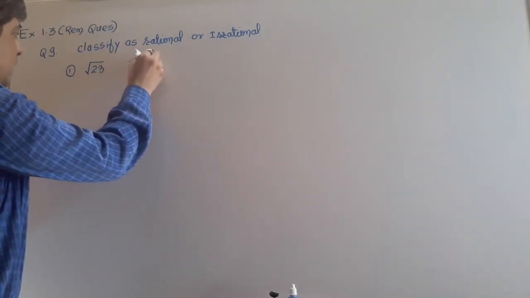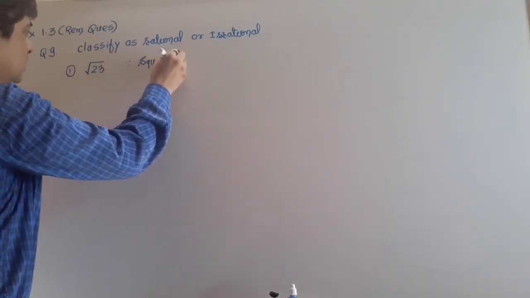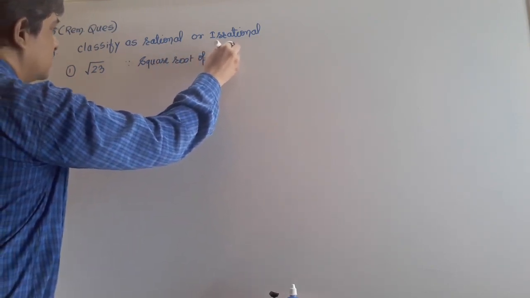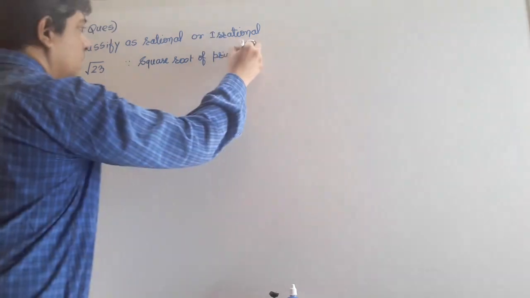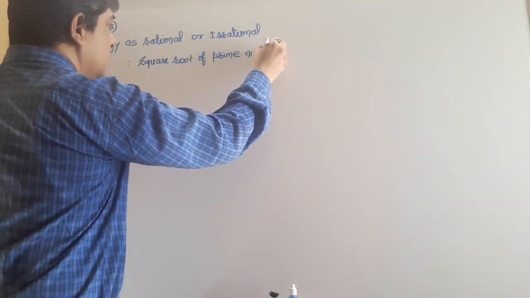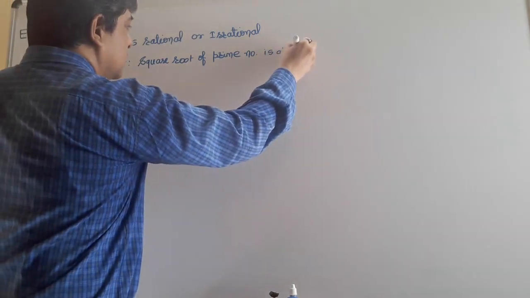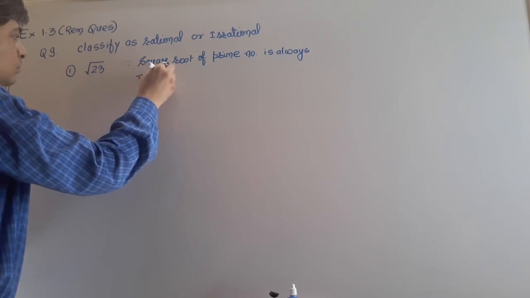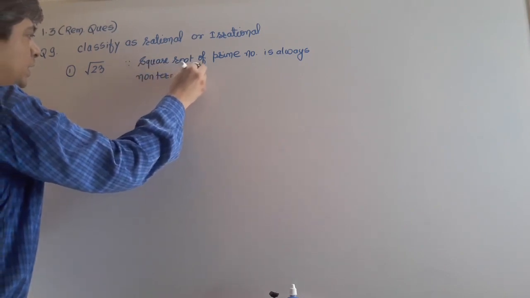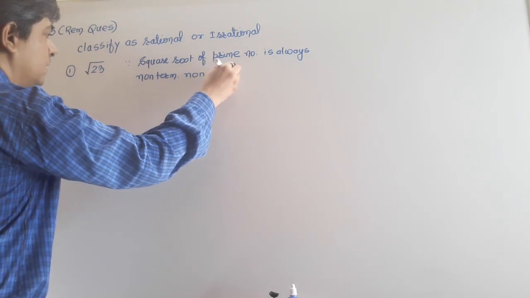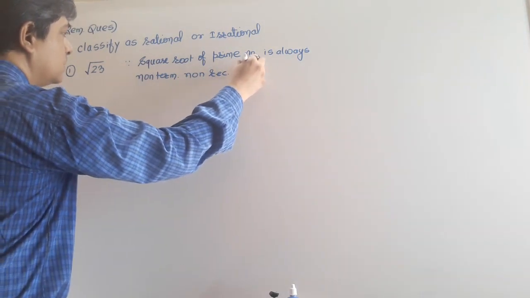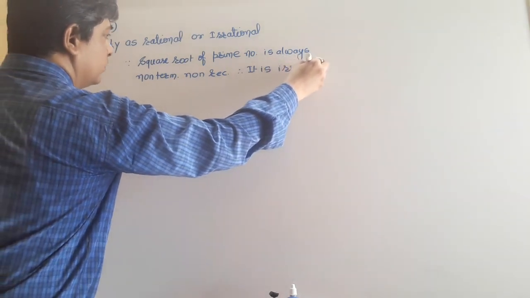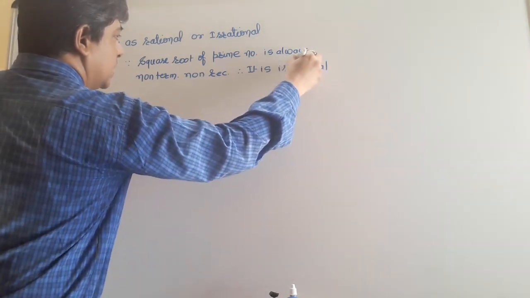Since the square root of a prime number is always non-terminating, non-recurring, therefore it is an irrational number.